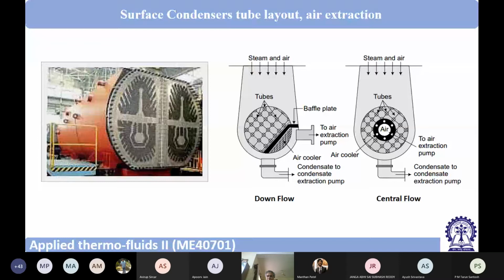From the cleaning point of view also, if steam is outside, then, since from time to time all the condensers have to be cleaned, that becomes easier. So there are several reasons why steam will be outside and water will be inside. Okay.